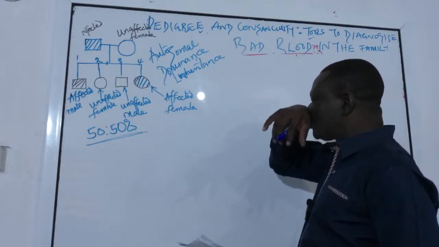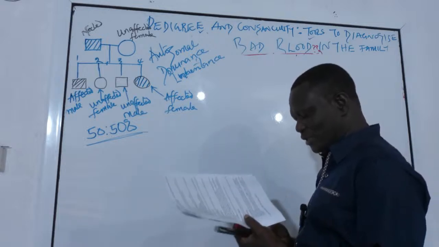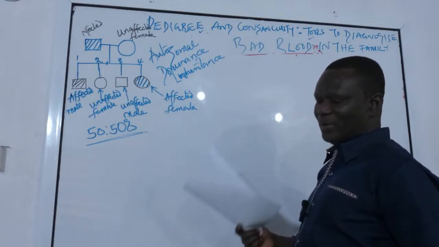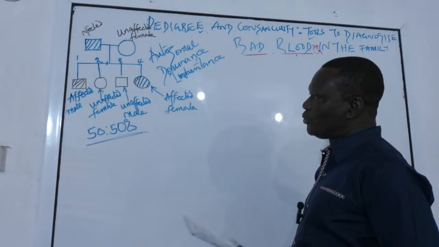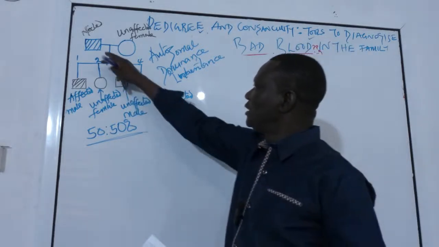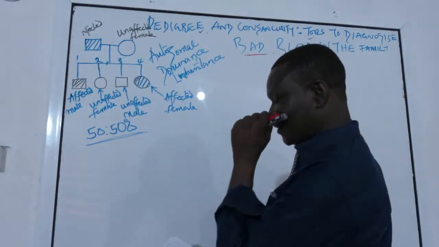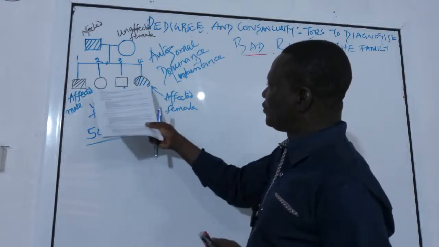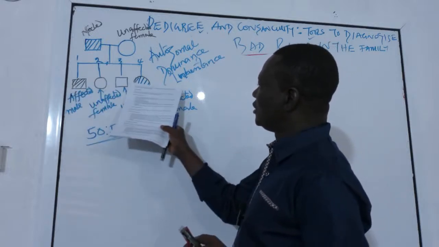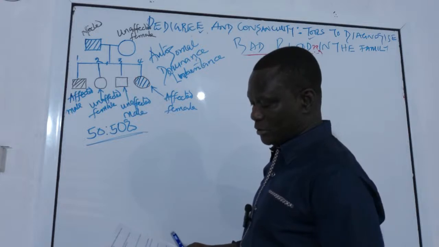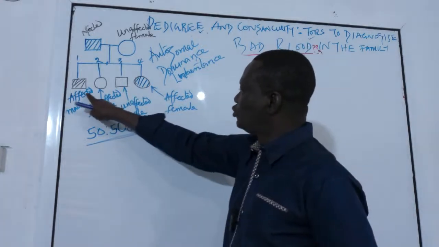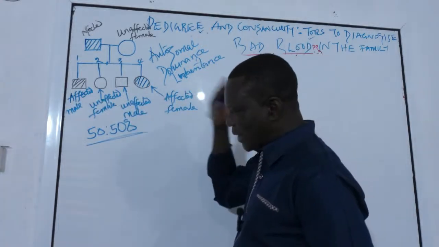So as a geneticist, if you want to know where the problem could be coming from, even if you cannot see the first generation, the parents, you can see their children and should be able to predict or diagnose from here.